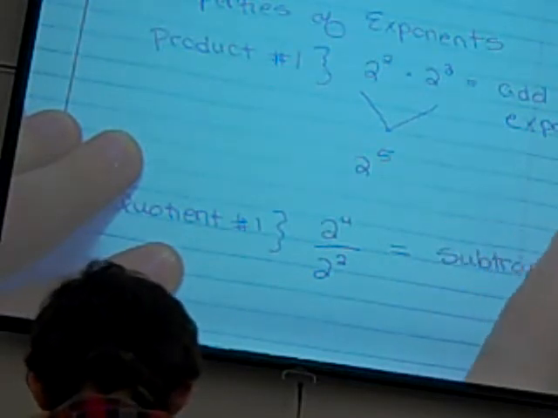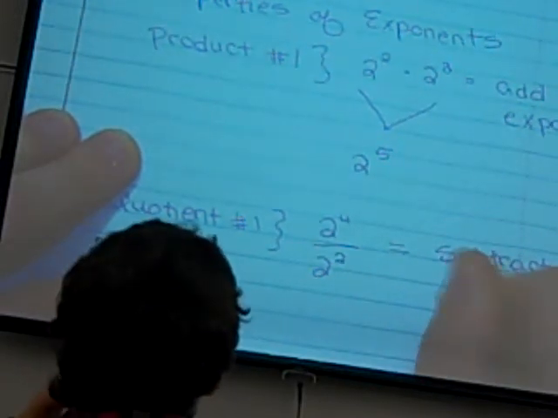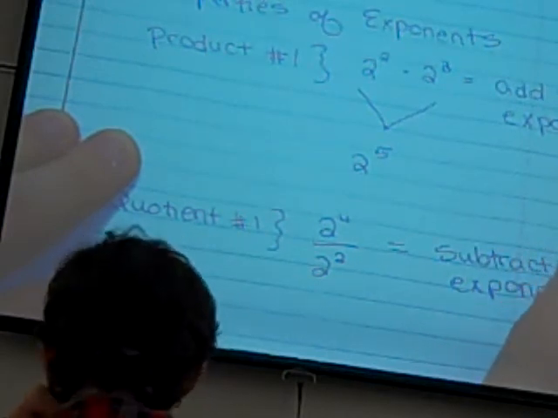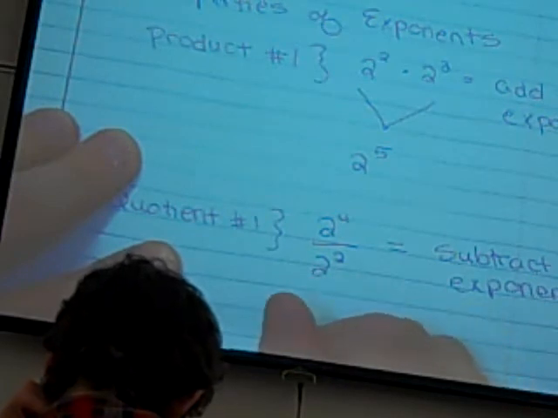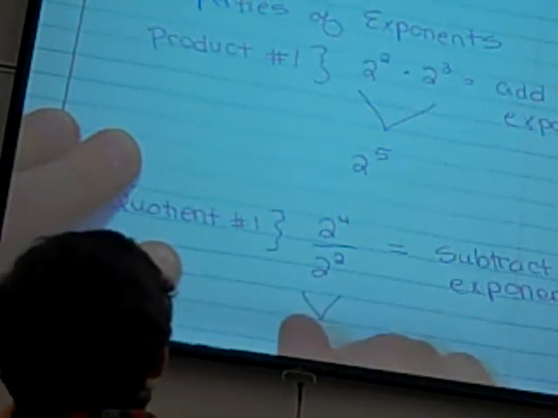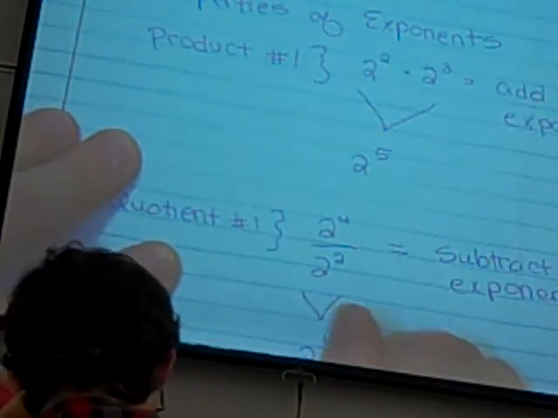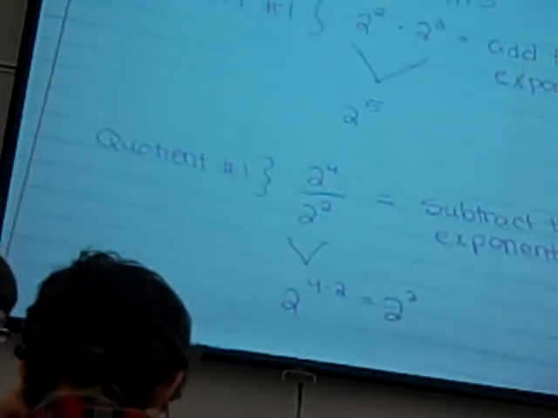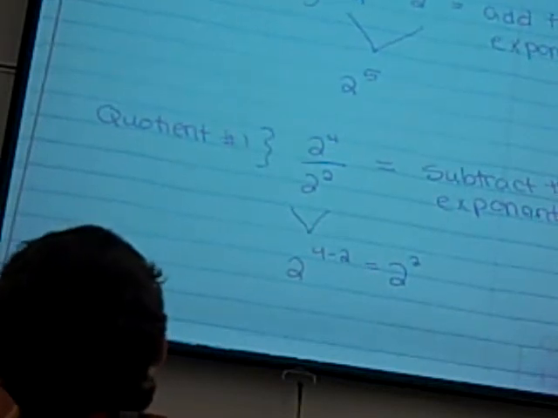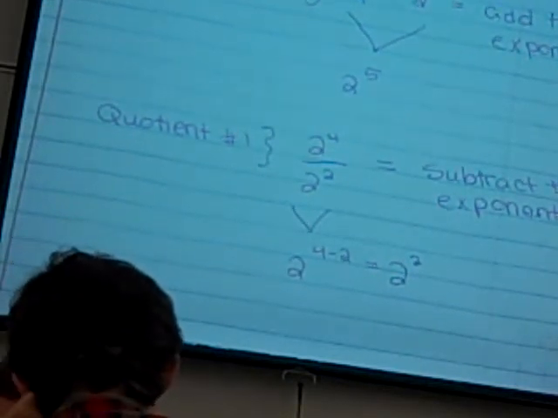I subtract the exponents. So my new exponent would be 4 minus 2, which would be 2 to the power of 2. Okay? So those are 2 of our properties, right?